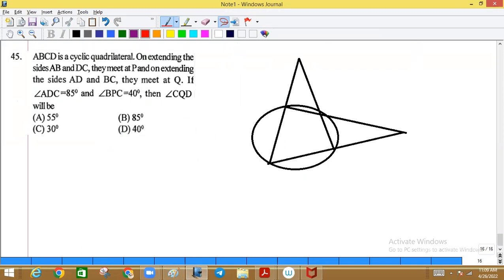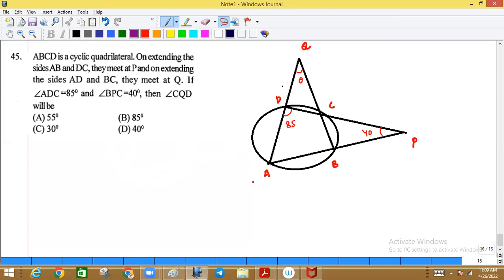Imagine that it is a circle. Extending ABCD, first you can see A, B, C, D. You extend AB and DC, they meet at point P, and AD and BC, you extend, they meet at point Q. Is that clear? Now tell me what is given. ADC is 85. BPC is 40. What is he asking? CQD, theta.